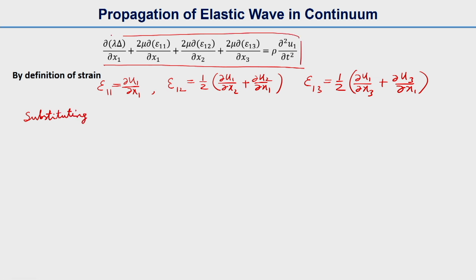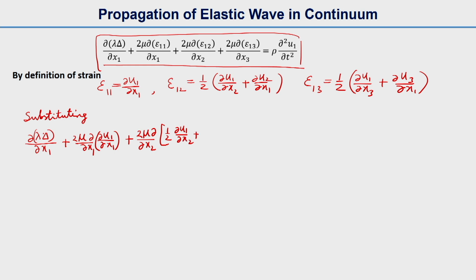And then if we substitute in the above equation, we will find that partial of lambda delta with respect to x1 plus twice mu, now we are replacing epsilon 11 with displacement, partial of u1 with respect to x1, plus twice mu partial of the whole thing, half of partial of u1 with respect to x2 plus partial of u2 with respect to x1.